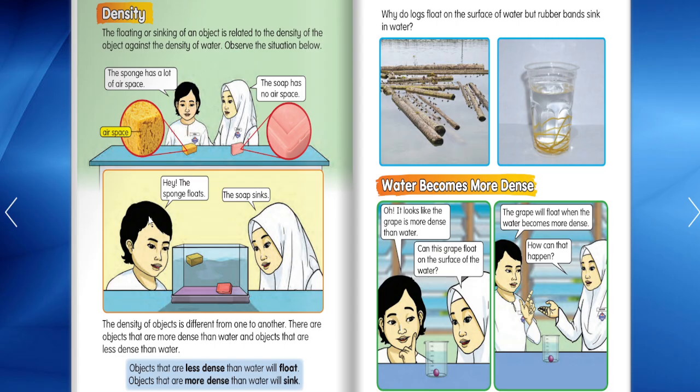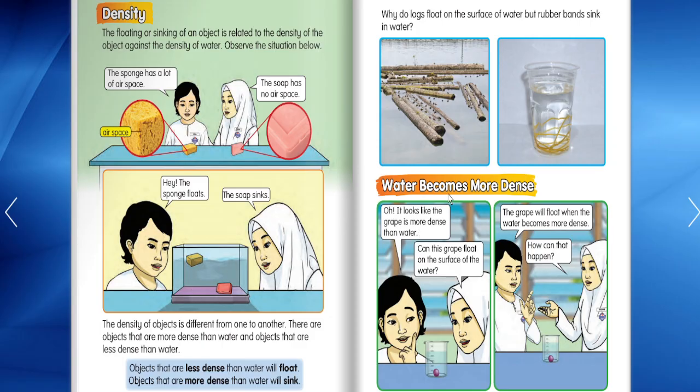When they have space between them, that is less dense. When particles are very tightly packed in a small space, that is more dense. So objects that are less dense will float, and objects that are more dense will sink.